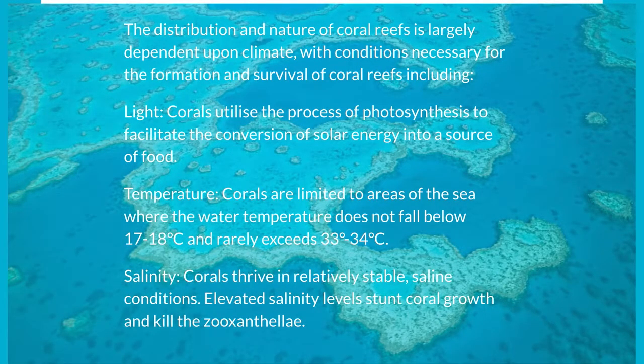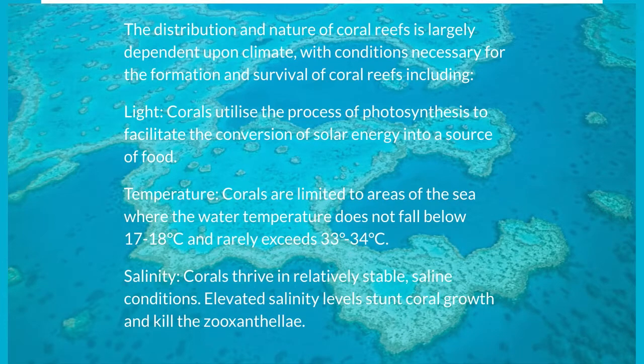And so, the distribution and nature of coral reefs is largely dependent upon the climate. This is largely dependent upon factors such as light, temperature, and salinity. Light is basically related to photosynthesis and the conversion of light energy into a source of food.